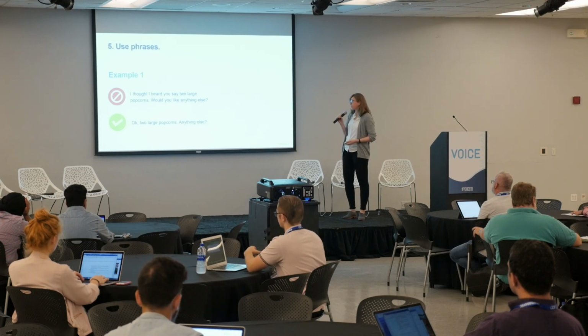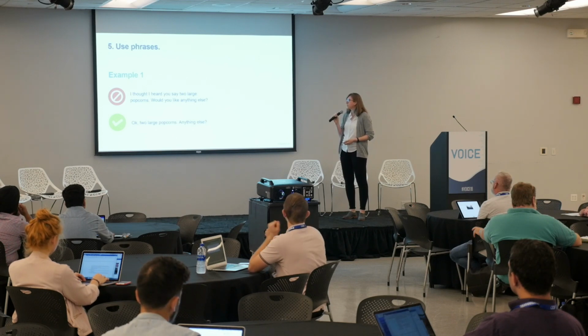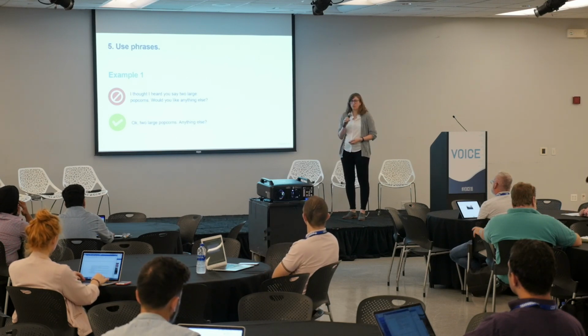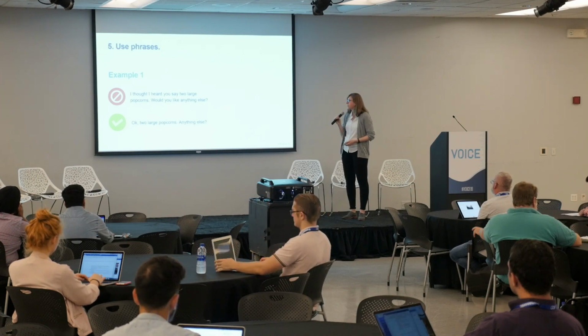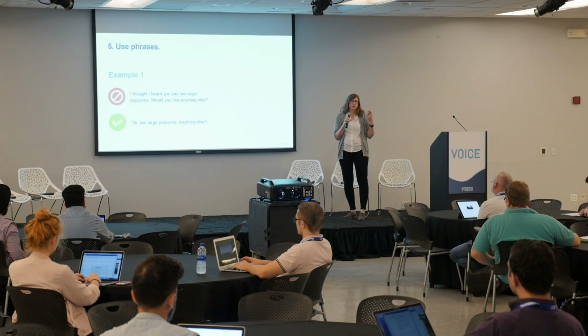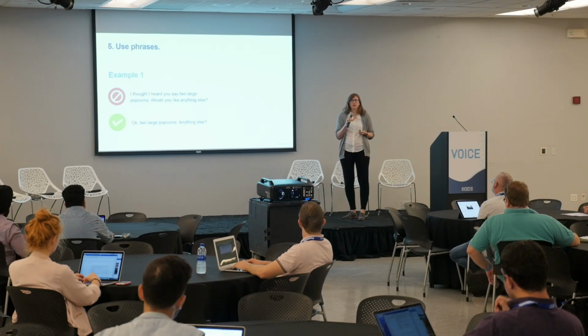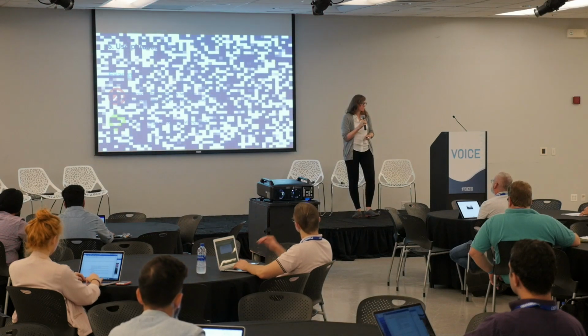So in your first draft, you might write something like, I thought I heard you say 2 large popcorns. Would you like anything else? Grammatically, it's fine, but there are shorter ways to say it so we can preserve some of the user's time. We can say, okay, 2 large popcorns. Anything else? A user will comprehend both of these equally, but one takes a lot less time.